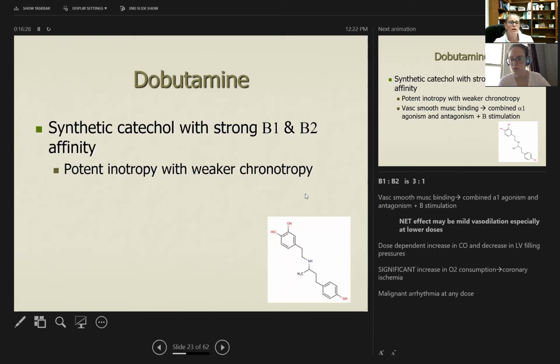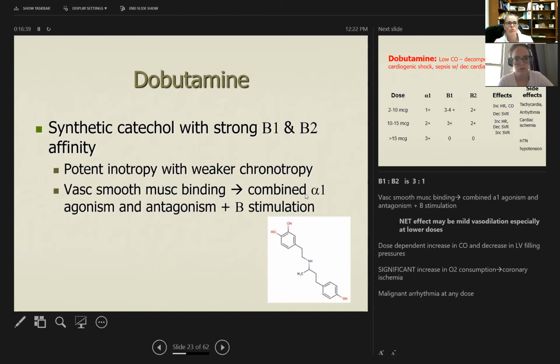But its effect when we give it to a child is very potent inotropy, but with a lot less impact on heart rate. We have a little bit of alpha-1 agonism and antagonism plus the beta stimulation. So what we see with dobutamine's net effect is a lot of inotropy and actually a little bit of peripheral vasodilation.